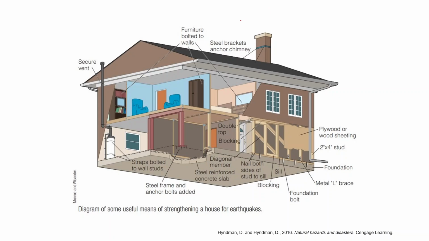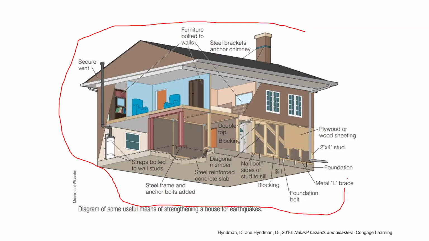So these are things people do to protect their house. You can see furniture is bolted to the walls, because most of the time when furniture collapses on top of you, you get injured, right? So furniture is bolted. Steel brackets will anchor the chimney, so the chimney won't collapse.